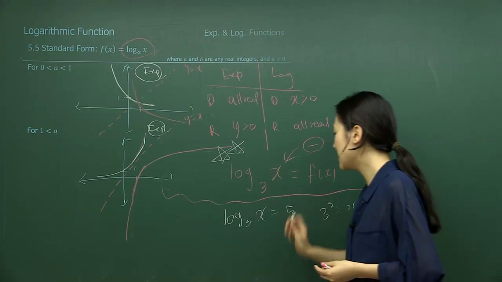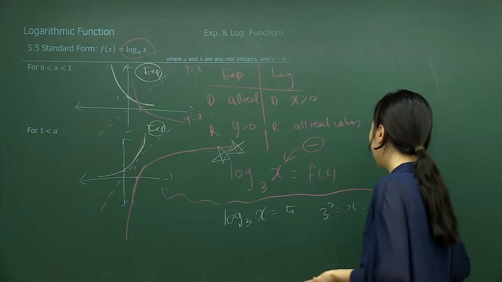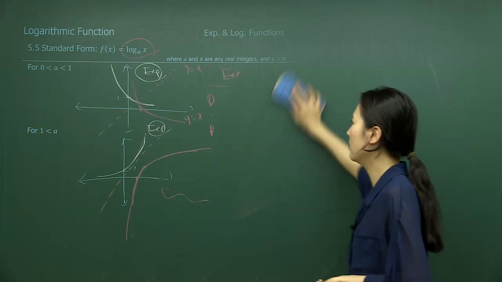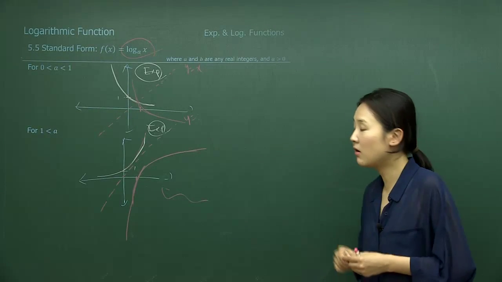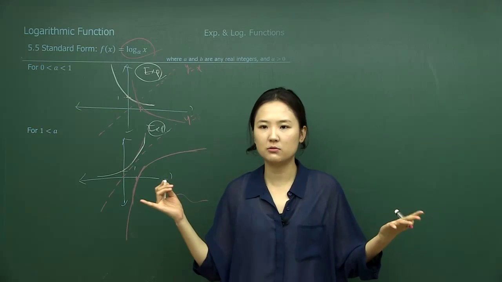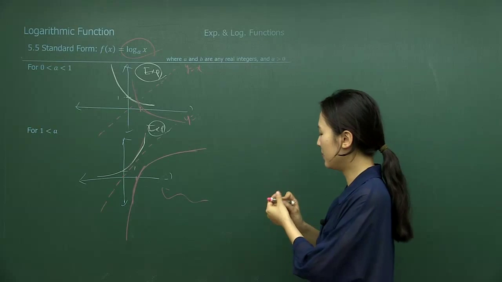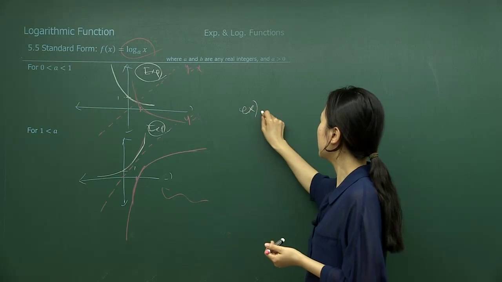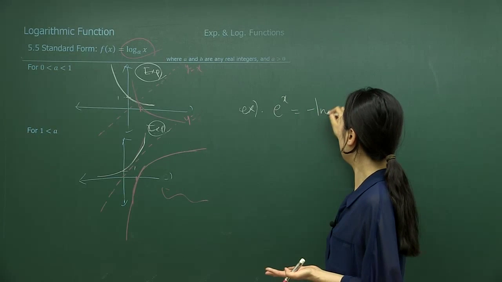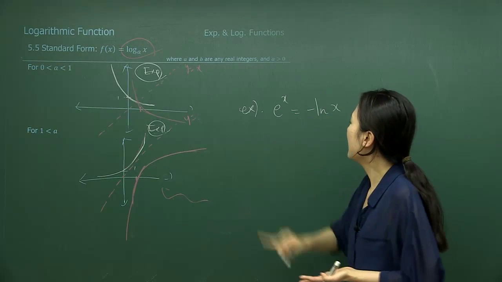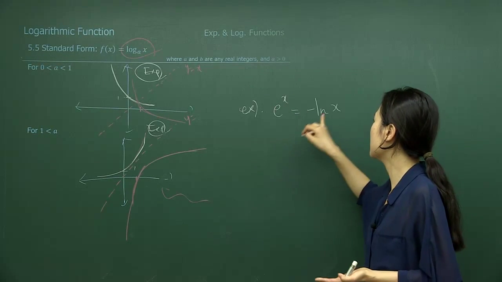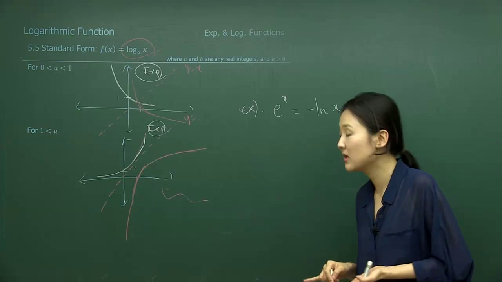So if you ever see a problem on your test where you have to solve for x for a log function or logarithmic expression, I just need you to simply graph them. For example, this is a kind of popular question: the value for x where e to the x equals negative ln of x.